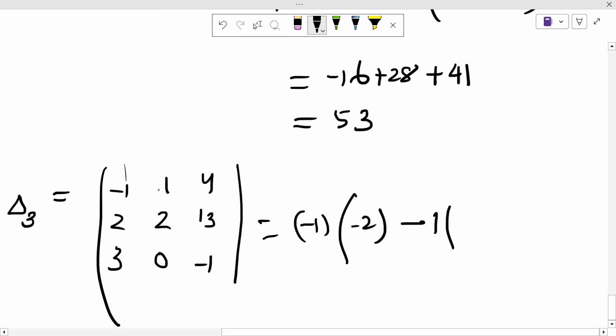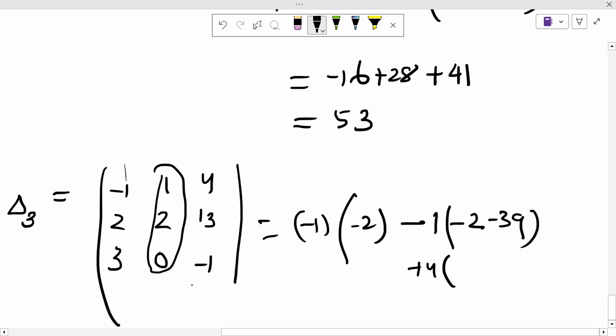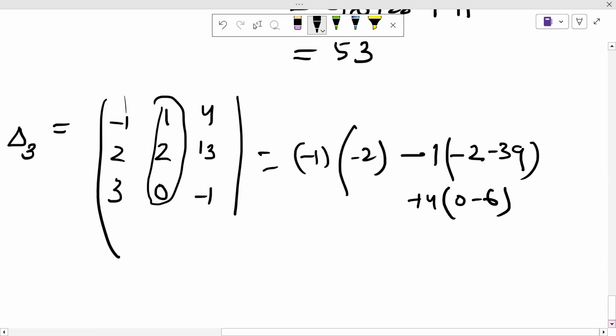For the determinant of this, the minus 1 is fixed, and the determinant of this column becomes minus 2 only. For minus 1, you omit this value, and this minus 2, this is minus 2, and minus 39, and plus 4 into 4, 0, minus 6, this is the value.